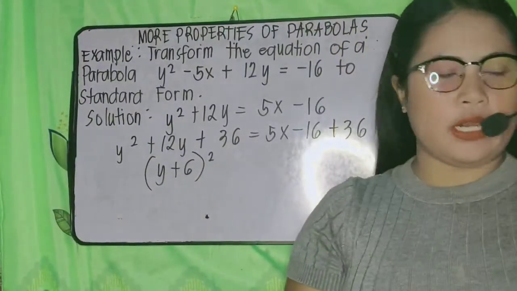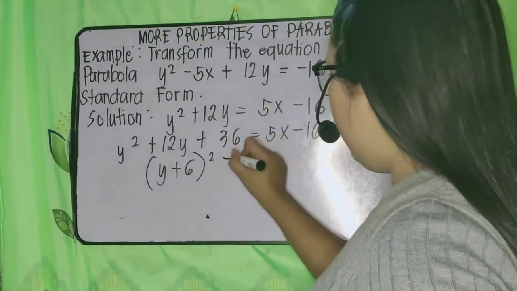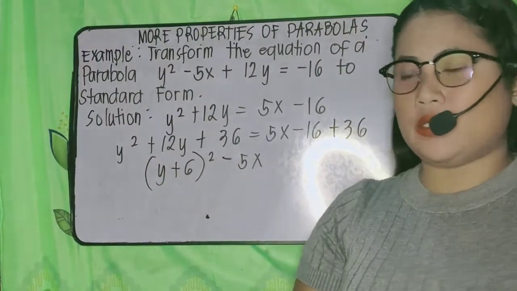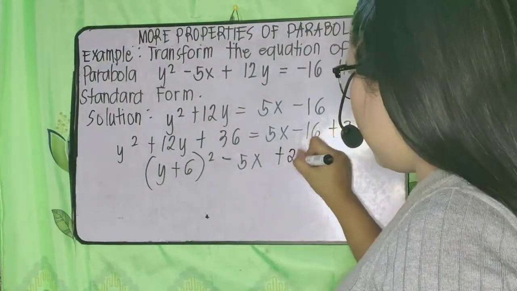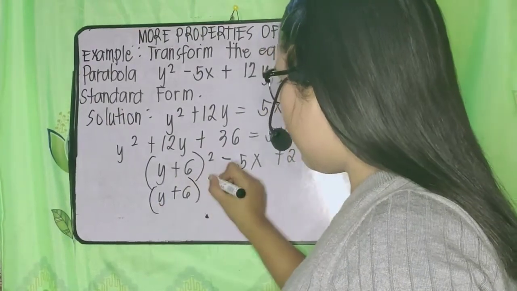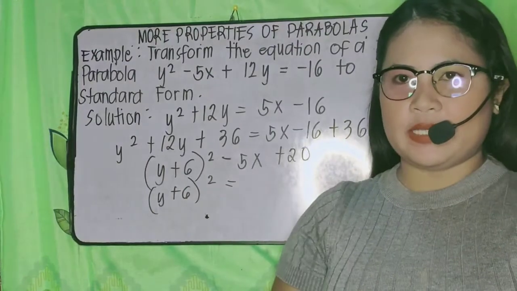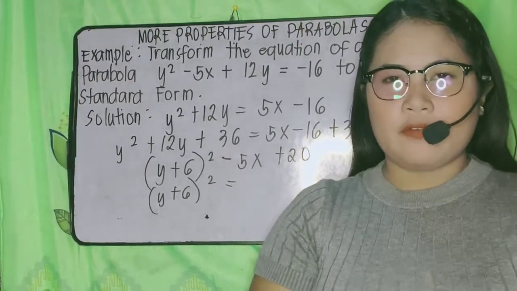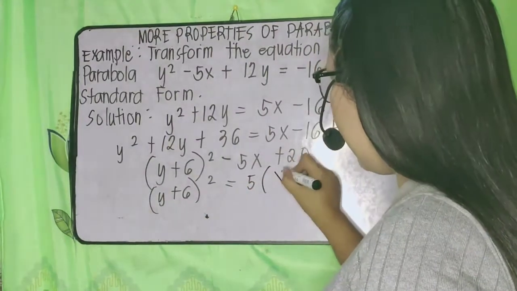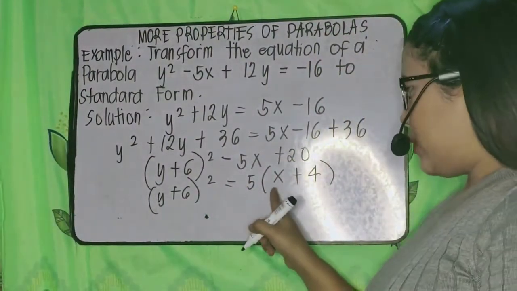And then for our x value, we copy 5x and then simplify. Negative 16 plus 36, we have positive 20. So copy y plus 6 squared. Of course, we're going to factor out 5x plus 20. So what is the factor of 5x plus 20? We have 5 times x plus 4. Why? Because 5 times x, we have 5x.